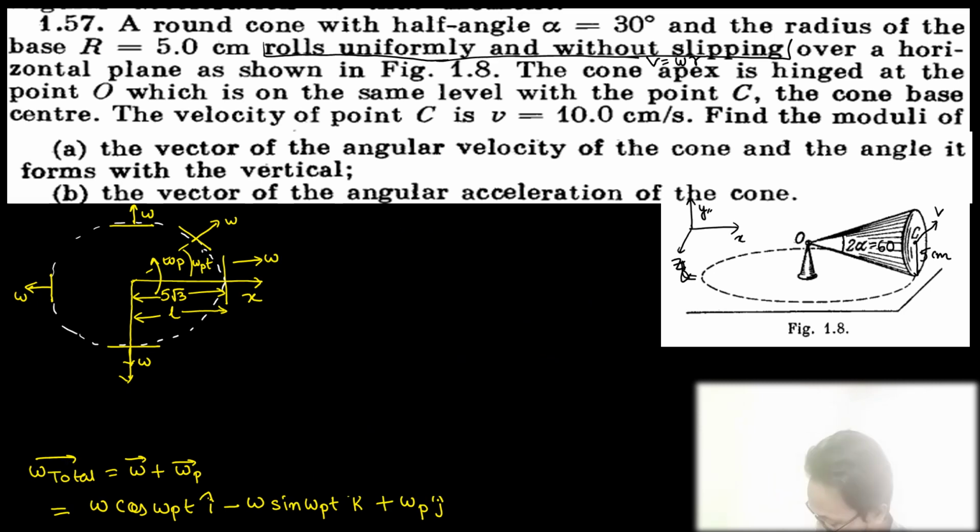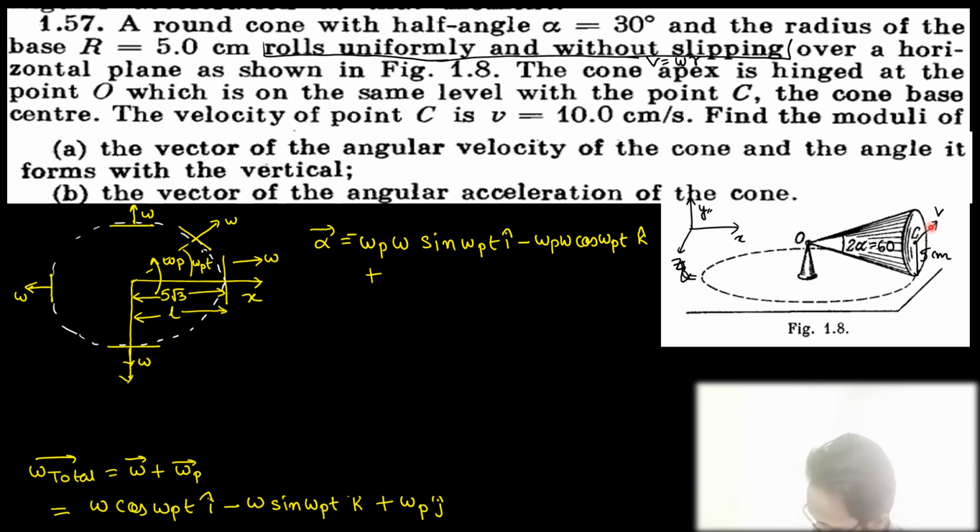Understood? Now the second part of the question, the vector of angular acceleration of the cone. Simply, if we differentiate this total angular velocity with respect to time, we get the angular acceleration of the cone. So it is nothing but minus omega p omega sine omega p t i, minus omega p omega cos omega p t k, plus, is this omega p constant?